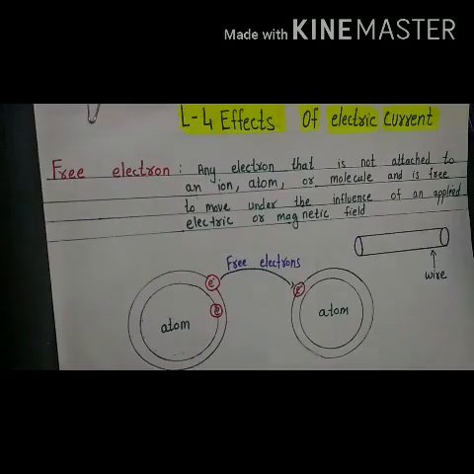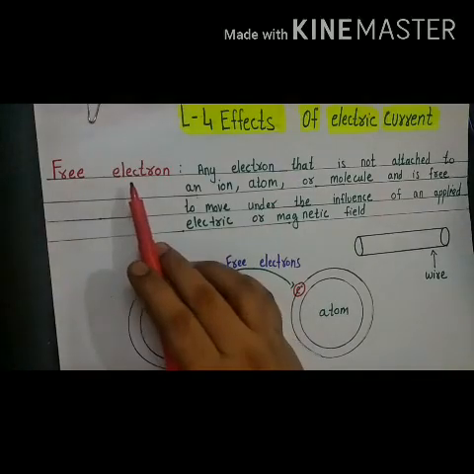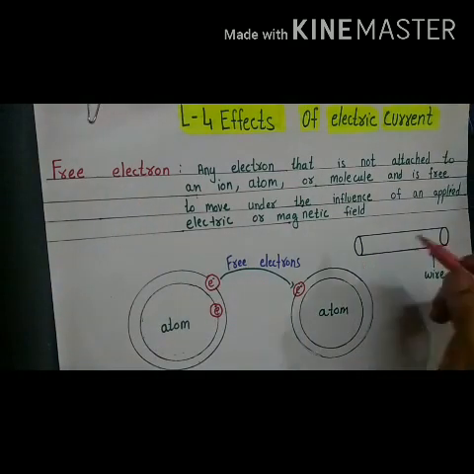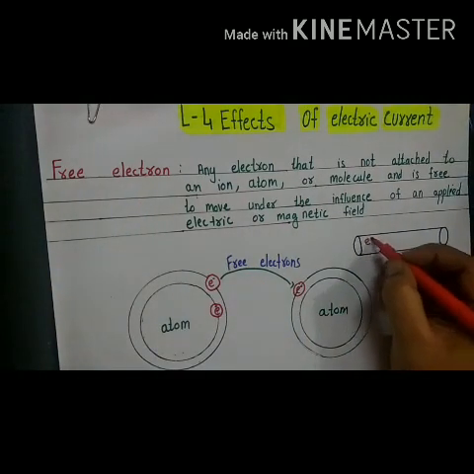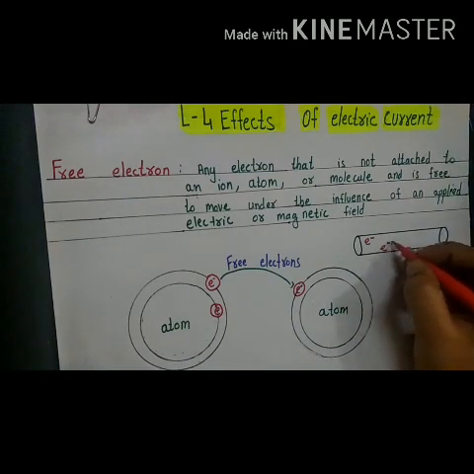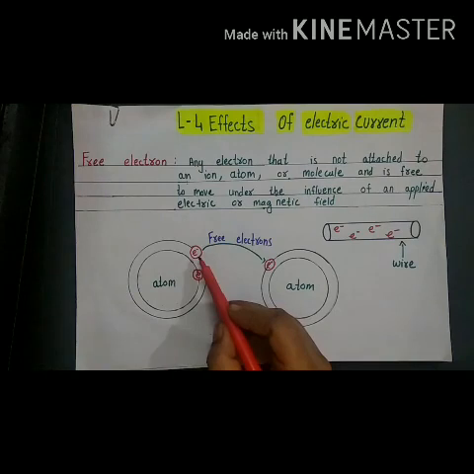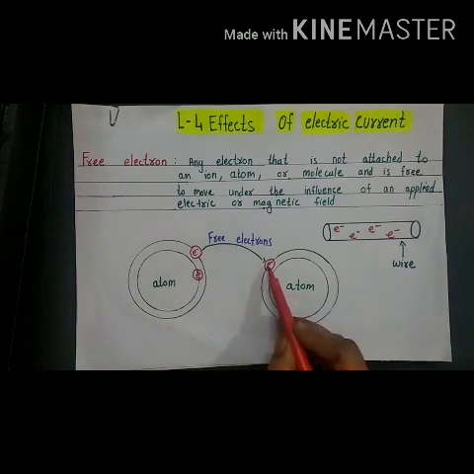We have studied a concept in 9th standard, that is free electron. Student, this is a metallic wire. The electrons possessed in the atoms of this metallic wire have one speciality. They can jump from the orbit of one atom to the orbit of another atom.